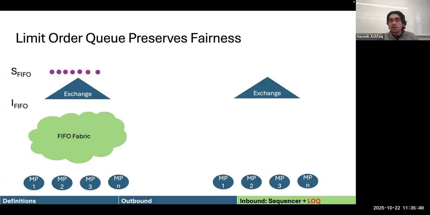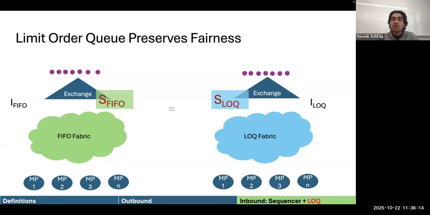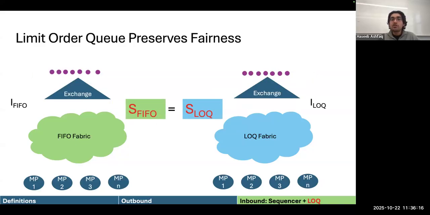Then we have a similar setup, but instead of a FIFO fabric, we have a LOQ fabric, this special scheduling policy that I developed. The orders go through this fabric and appear at the ingress of the exchange in some sequence, let's call it ILOQ. Then they go through the exchange and get executed in a certain order, and we get this SLOQ. Now, for maintaining fairness, we need to ensure that SFIFO equals SLOQ.